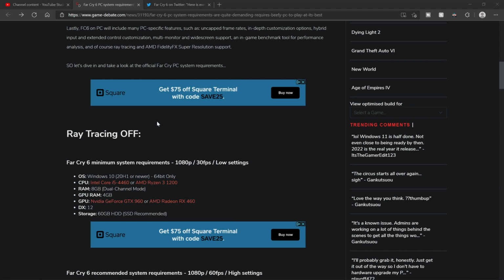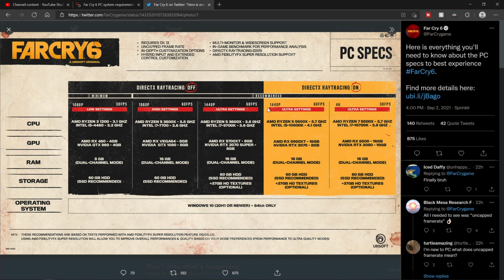So this is the website that I'm going to be using, along with this Twitter page right here. And I'm only going to be using this one for right now, because it gives all of the features right up here, and I'm going to list those off. Far Cry 6 requires DirectX 12.